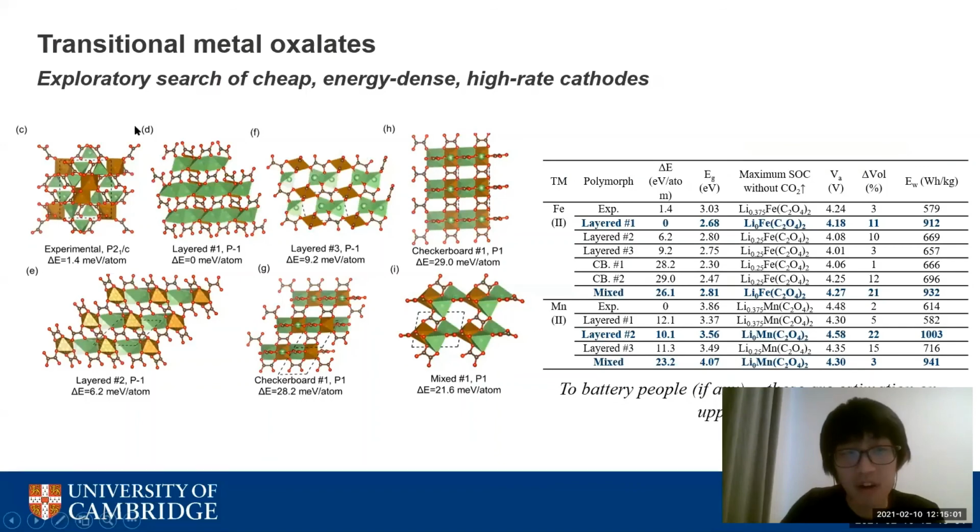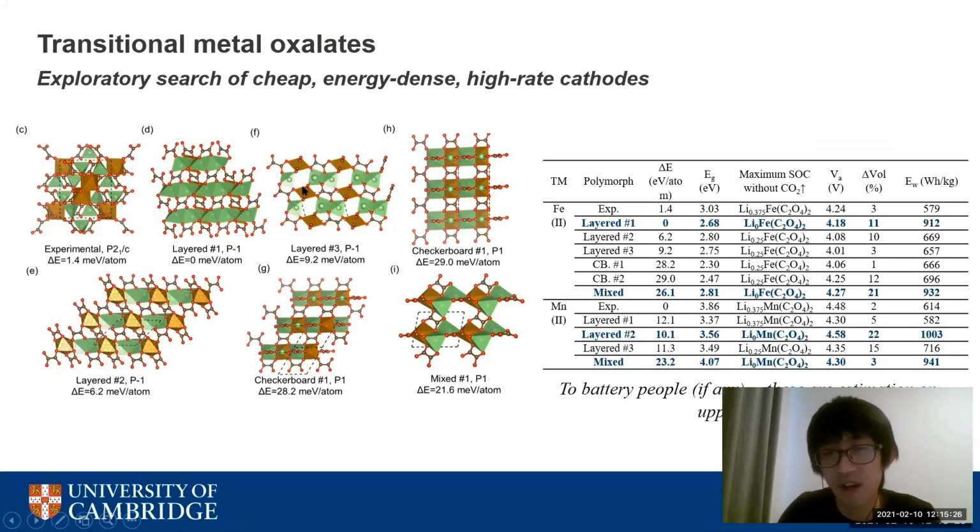Apart from this very low energy layer structure, we also find several polymorphs that have slightly higher energy. Here I show you all the properties I calculated as cathode materials for these structures. You find that the energy density of some of the polymorphs is actually quite high.